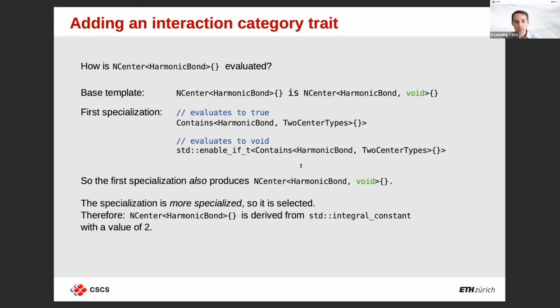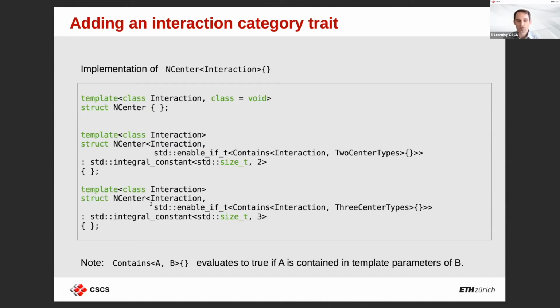So the first specialization also produces N center instantiated with harmonic bond, comma, void. The specialization is more specialized, and that's what gets selected. Therefore, N center of harmonic bond is an integral constant with a value of 2. And likewise for angles. We just need a specialization for each category.